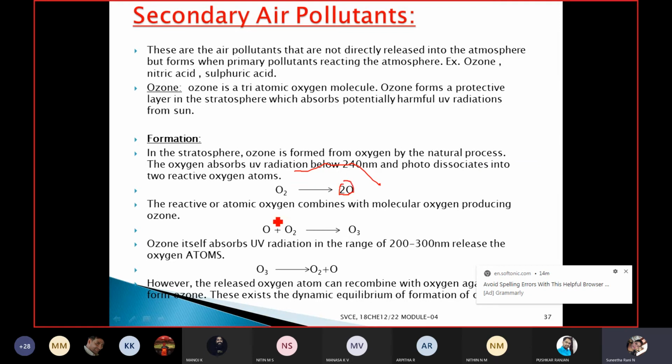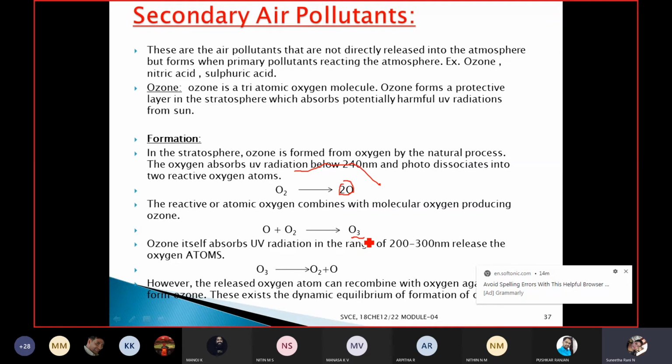So when oxygen undergoes photodissociation naturally, it gives two atomic oxygen. These reactive oxygens, when they combine again with oxygen, that is O2, give ozone, that is O3.